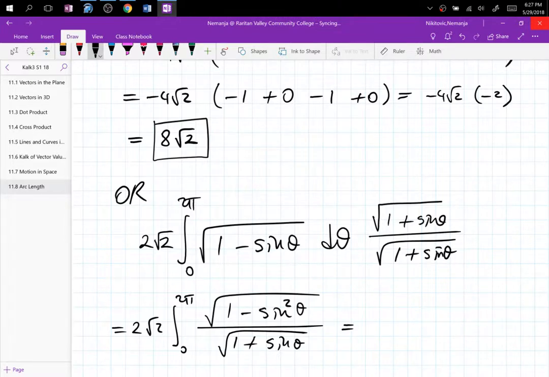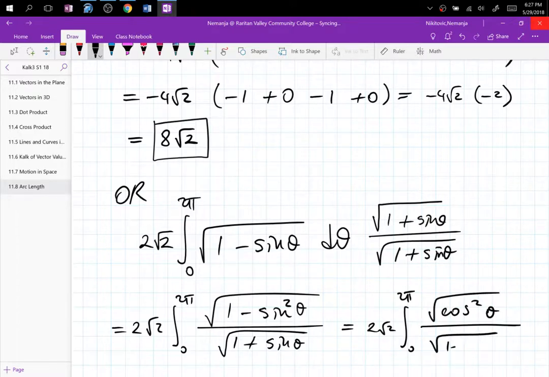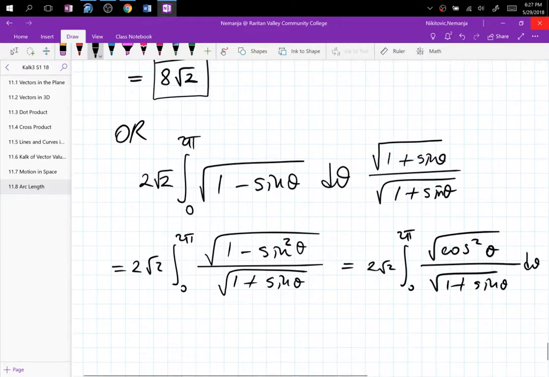Because look what you get on top. What you get on top is a cosine squared theta in the radical, and then the bottom is still going to have the mess, but we can use u sub because we have the piece on top.